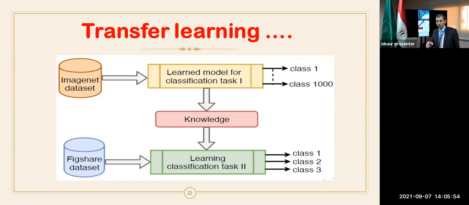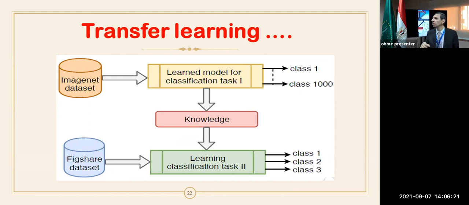Our model's transfer learning is based on an image data set, which is millions of images in different classes, collected as a standard data set, and different models are trained on this data set to classify this data into 1,000 different classes.